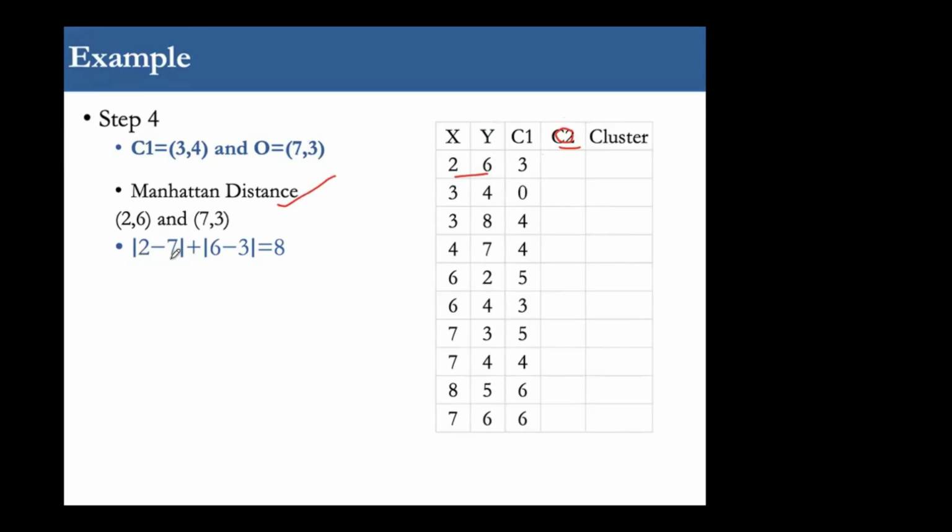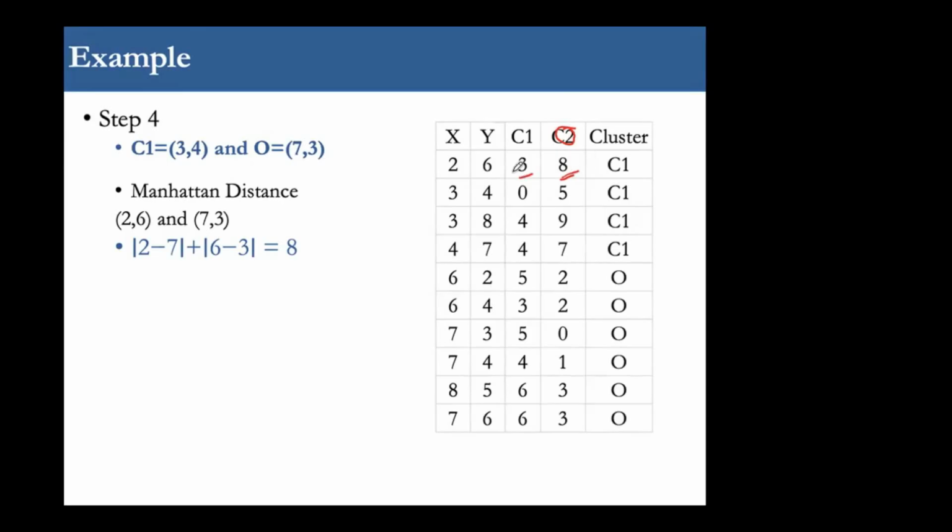We calculate the Manhattan distance, 2 minus 7 plus 6 minus 3. Whenever we take the difference, it should be the absolute difference, and we get the value of 8. Now when we check, here we have 3 and here 8.